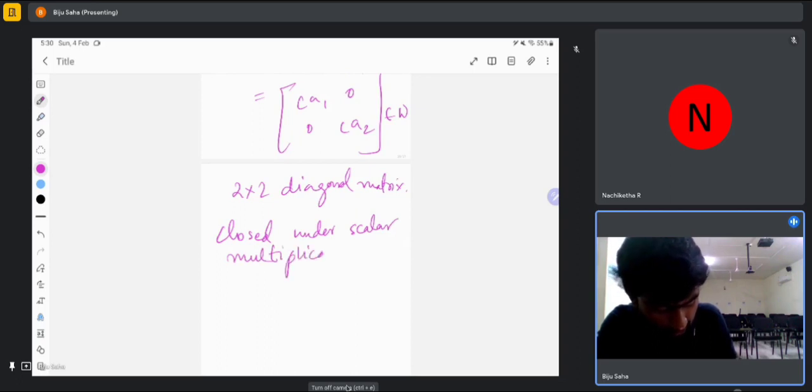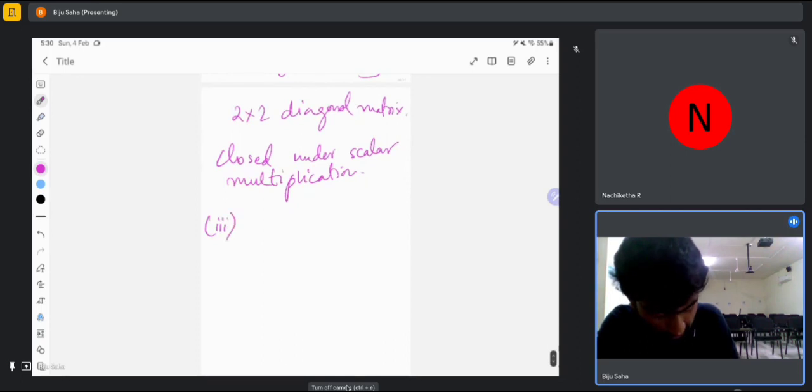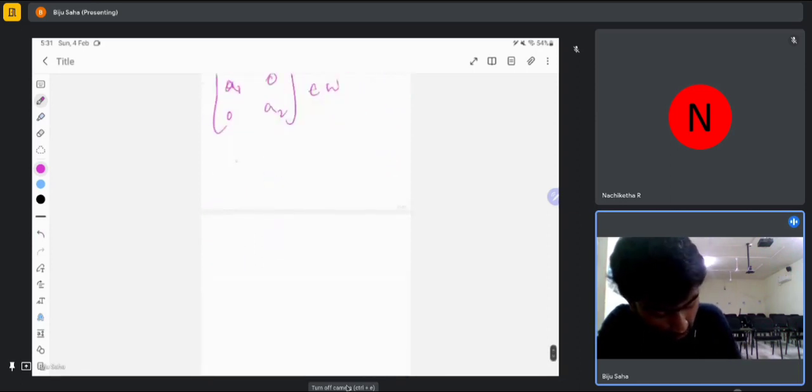Similarly, you can check whether it has an additive identity. For this case, let's take this particular matrix A itself, which belongs to W. The additive identity would be the null matrix itself.